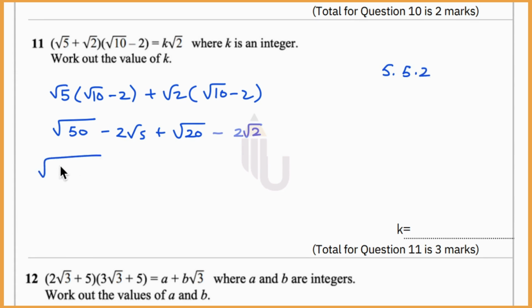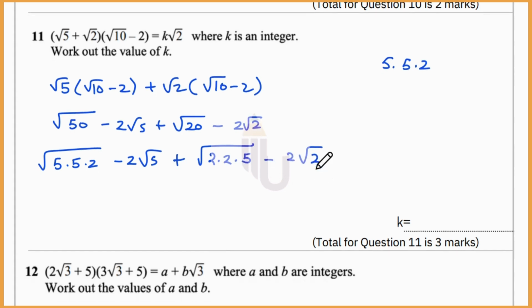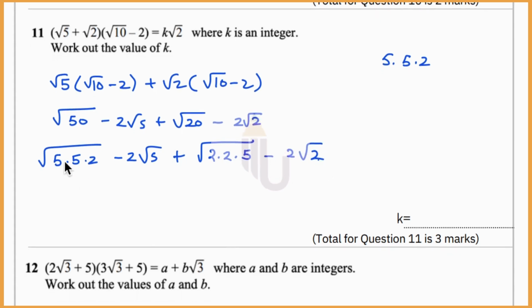Okay, so I'll just write here 5 times 2 minus 2 root 5. Root 20 is 2 times 5, minus 2 root 2. So we have 5 root 2 minus 2 root 5 plus 2 root 5 minus 2 root 2.